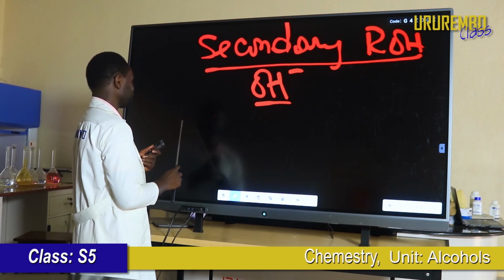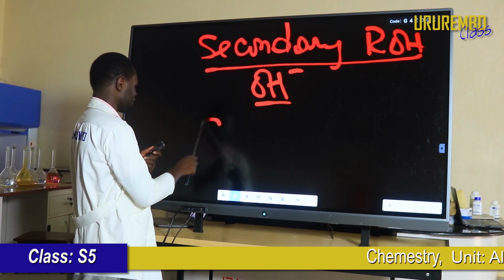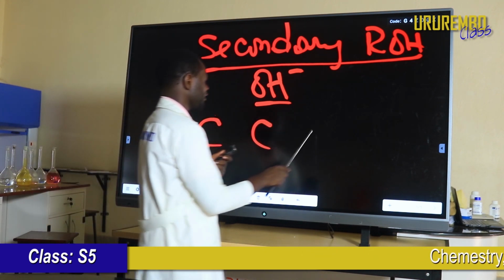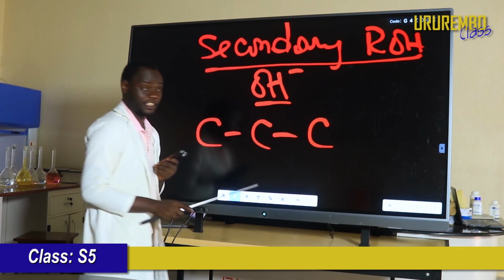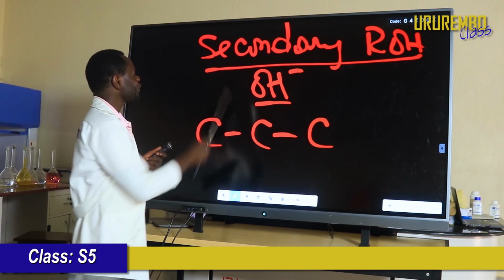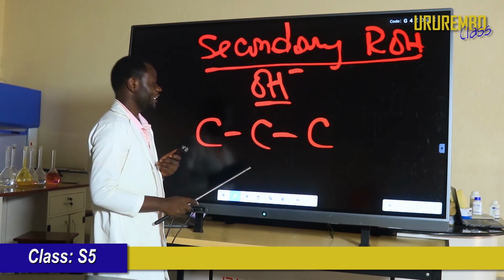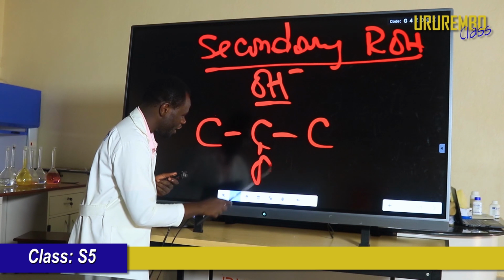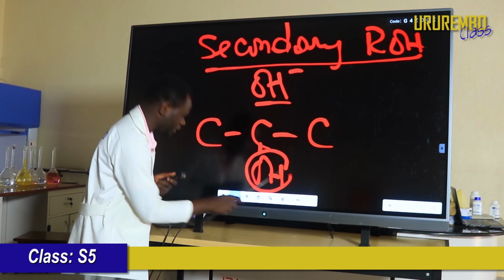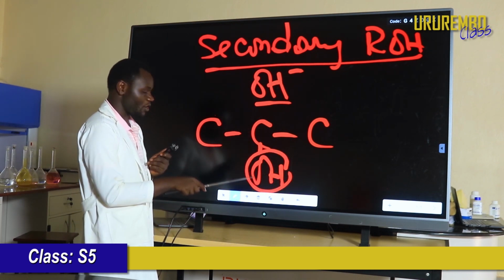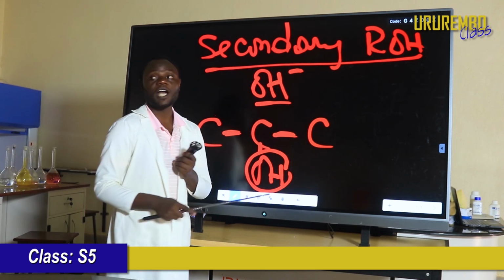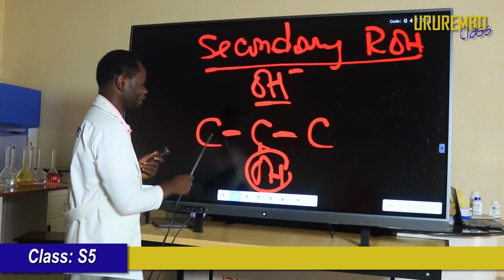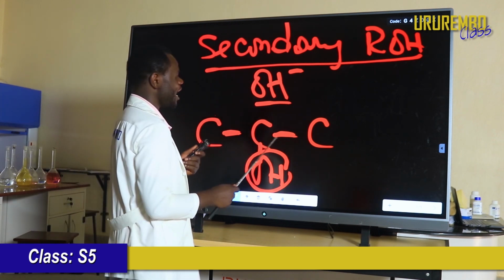For example, this is carbon, this is carbon, this is carbon, and those three carbons are bonded to each other. And this one is called secondary alcohol.